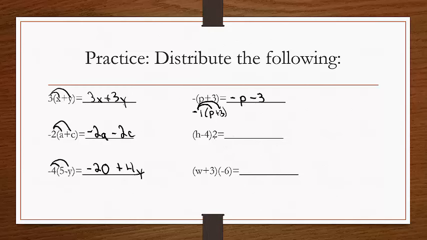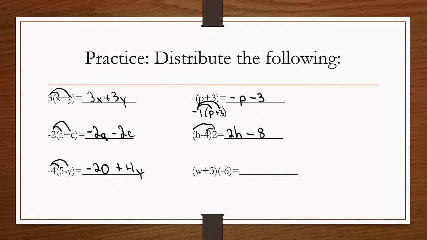When I look at the next one, I see a number on the right directly beside the parentheses, so I actually have to distribute backwards. So 2 times h is 2h. I'm going to keep this minus sign. And 2 times 4 would make 8. And we're going to do that one more time.